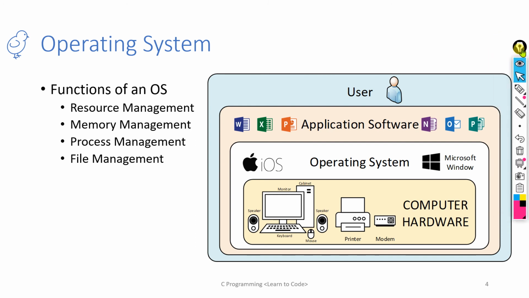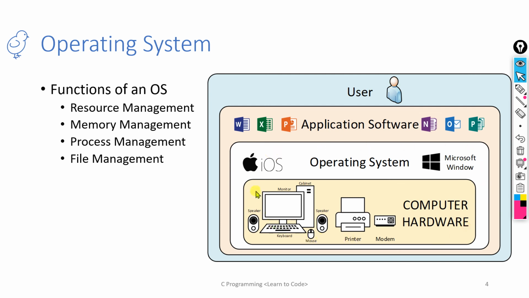Now in a big picture, if you see here, the big picture is like this. This is your computer hardware layer, which is the internal layer. Upon the internal layer, you install an operating system. There are several operating systems you come across. I have mentioned two: one is Microsoft Windows and another is iOS.